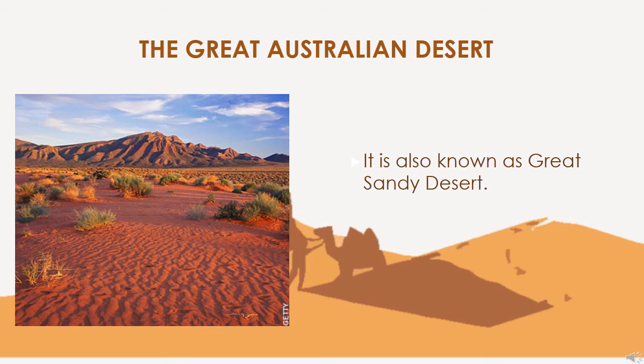Arid means dry, and almost 70% of the area of Australia is arid. The Simpson and the Great Victoria deserts are best known, and different areas of Australia have 10 deserts.